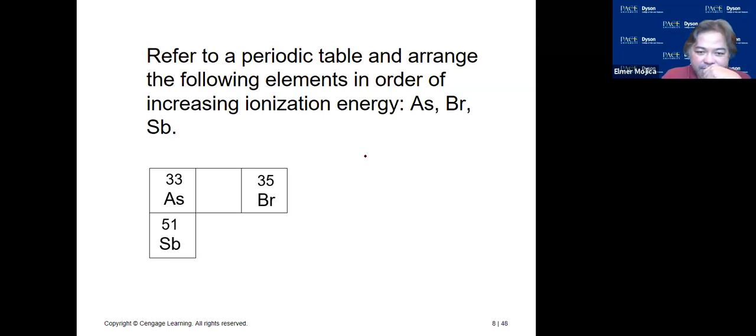So you can do the dual comparison, to help you guide this thing. So between arsenic and what is SB?